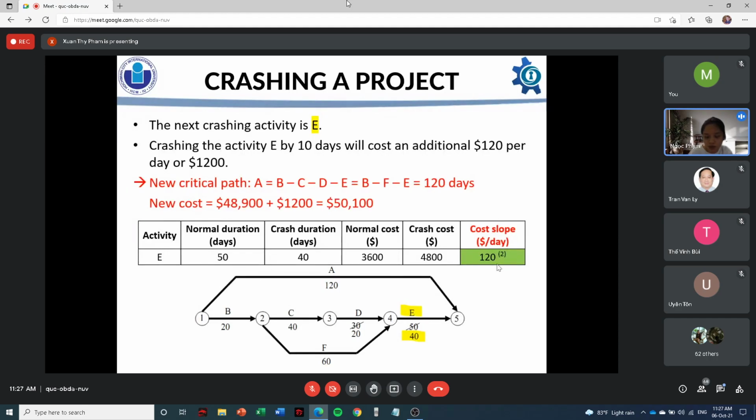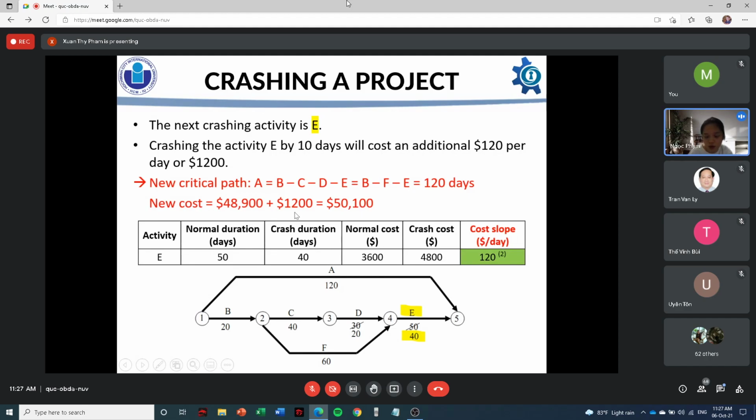So I will choose activity E, which had the smallest cost slope until now, and I will crash it. I will cut the number of days to 10 days with an additional cost of 1,200. And we can easily calculate the new cost which equals 48,900 plus the additional cost.